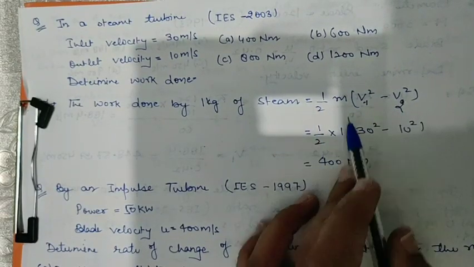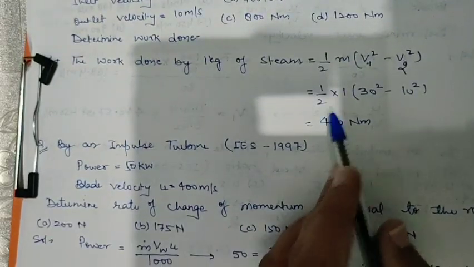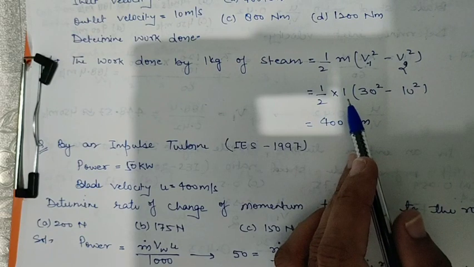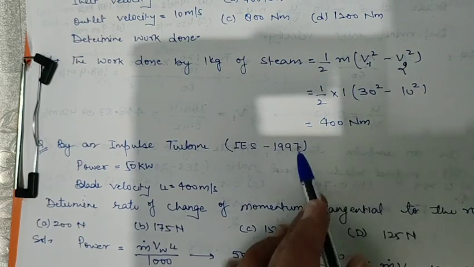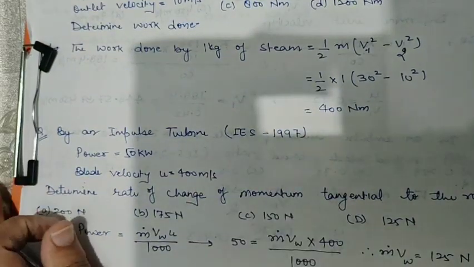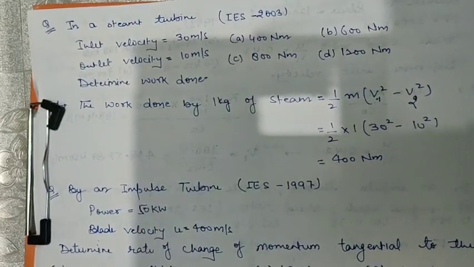So half m (V1 square minus V2 square) is equal to half into 1, the m is 1 for 1 kg, into (30 square minus 10 square), and it will be 400 Newton meter. So this option A is correct.